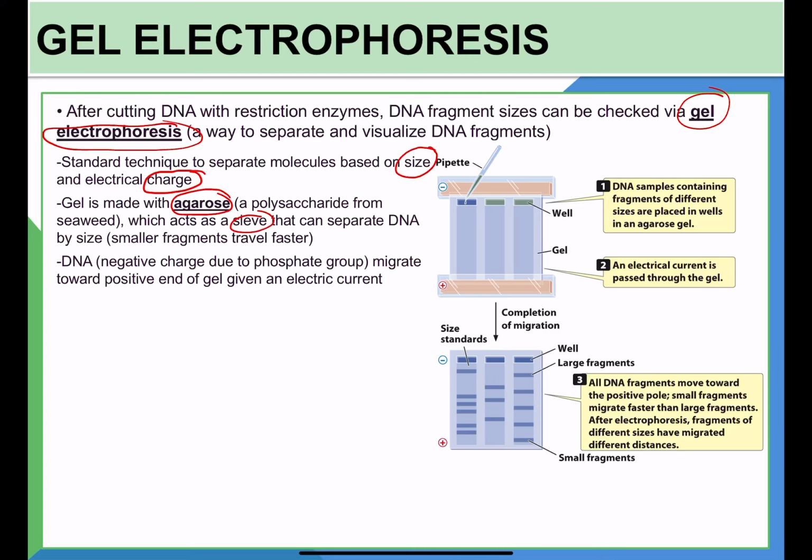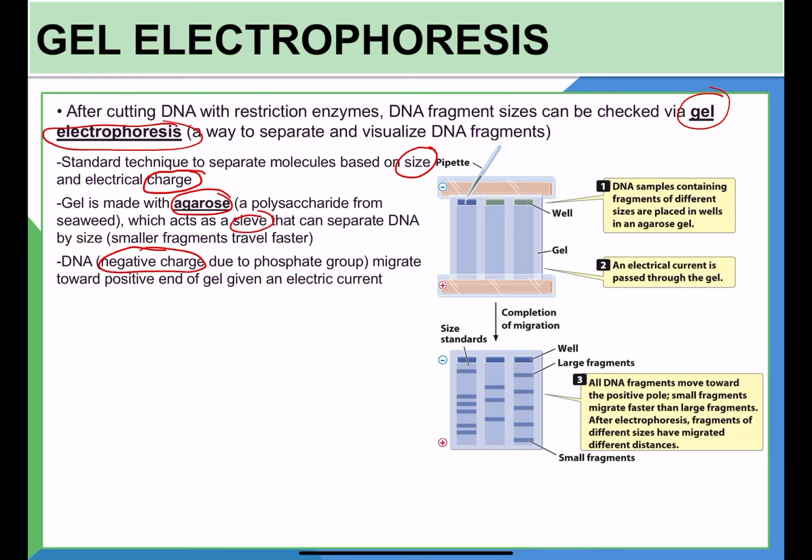Now, DNA travels in one direction on the gel because it is negatively charged, okay, because of the phosphate groups in the DNA backbone, and those phosphate groups are negatively charged. So like a magnet, that negatively charged piece of DNA will travel towards the other side of the gel when an electric current is applied to push the molecules along the gel.